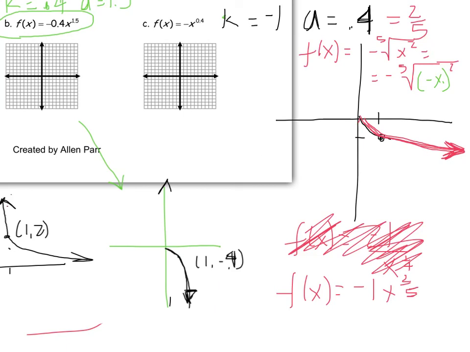Then, just doing this problem made me realize how to rewrite letter C. I could have rewritten letter C in this format. F of x equals -0.4, and then 3/2. Let's see, x, this would be 1.5.